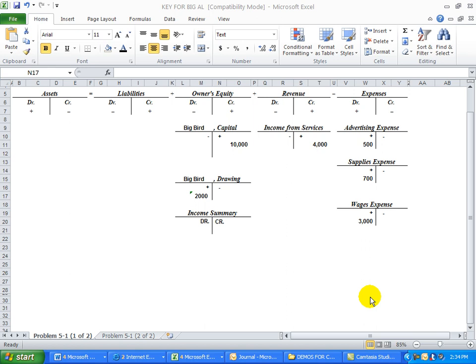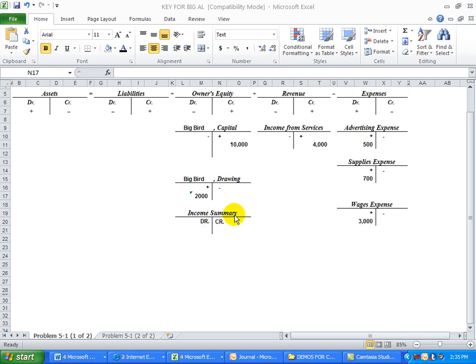When you want to do something to an account, it first has to go in the general ledger. So just keeping in mind what we've got here, if you think of revenue, expenses, income summary, drawing, we're going to do it in that order. Notice on all these accounts that they all have plus and minus sides: capital is minus plus, drawing is plus minus, revenue is minus plus, expenses are plus minus.